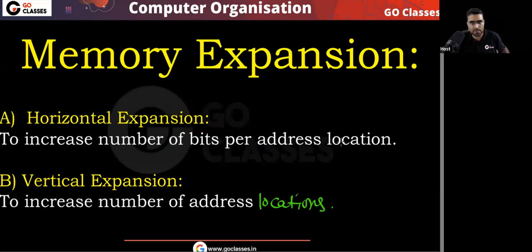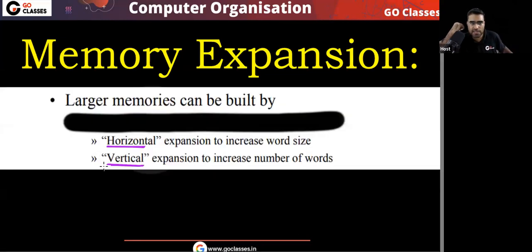In vertical expansion, we increase the number of address locations. Is this clear? Or you can simply say that in vertical expansion, we increase the number of words, and in horizontal expansion, we increase the word size. So this is the idea.